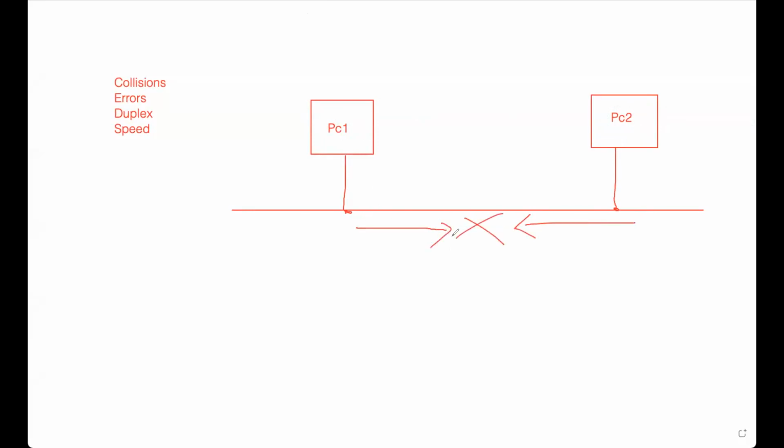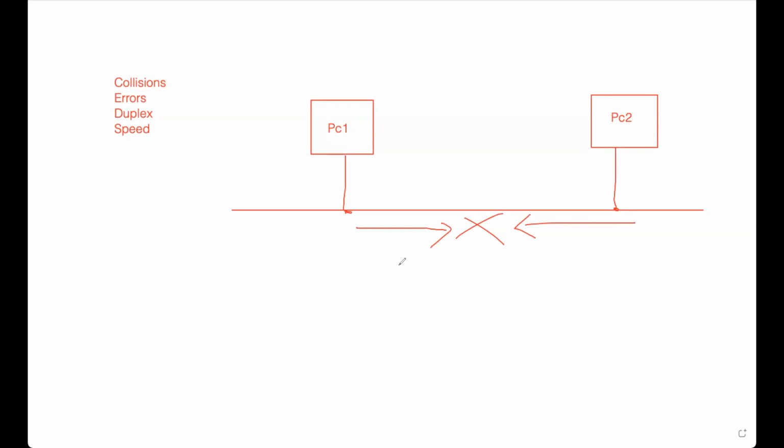They are all connected like in the old topology, so this PC is connected to this NIC and this PC is connected to this NIC, and they try to send data, and there is a collision. Collision is nothing but when two devices send a packet at the same time and they collide. That is called a collision.